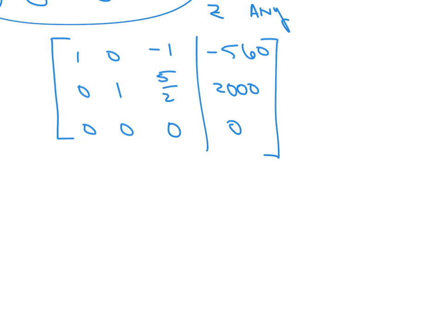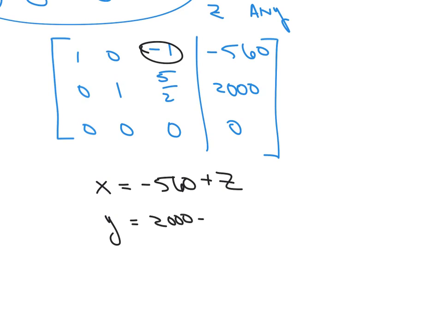So you end up with, as your final equation, x equals -560 plus z, and your y value is 2000 minus 5 halves, or 2.5 z. Then your z value, you have to figure out what that can be.